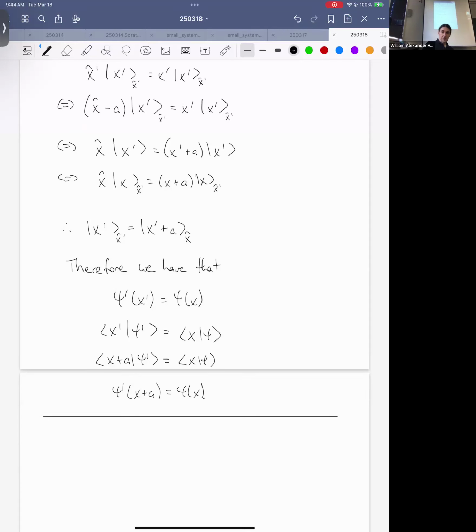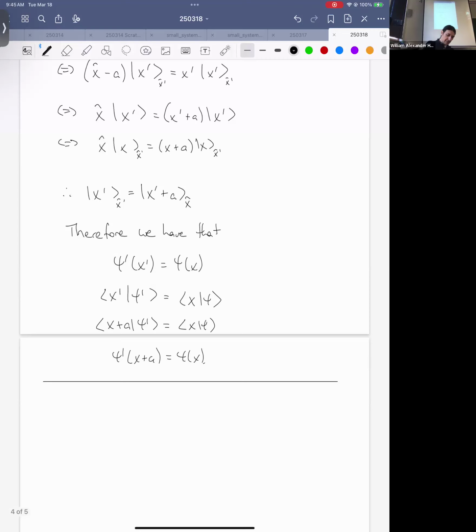All right, so we have that amplitudes transform exactly as in active versus passive transformations.